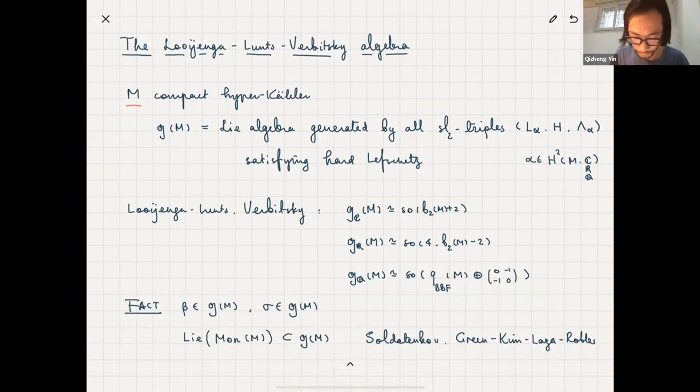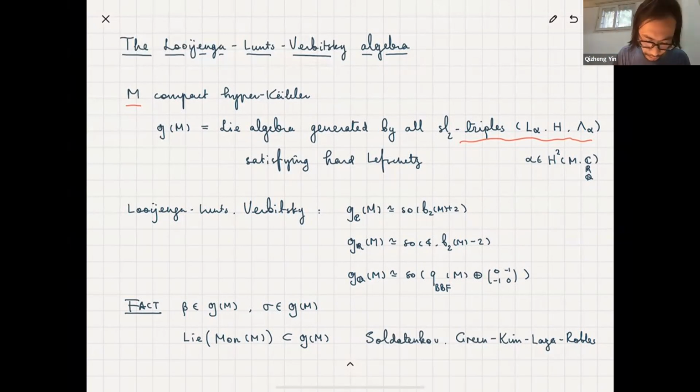You take an element in H^2 of your M, and you consider whether this element satisfies hard Lefschetz. For example, an ample class satisfies hard Lefschetz, then you put it in. If there's some maybe transcendental class that satisfies hard Lefschetz, you also put it in. Then you get a Lie algebra generated by all these SL2 triples. And of course, you can do it with Q coefficients, R coefficients, or C coefficients. The definition makes sense for all non-singular projective varieties.